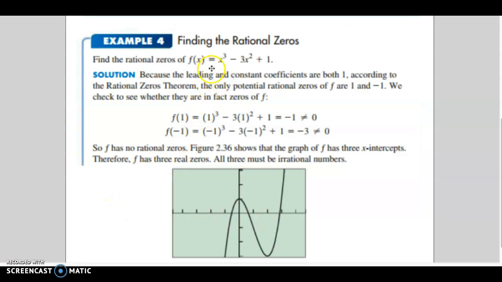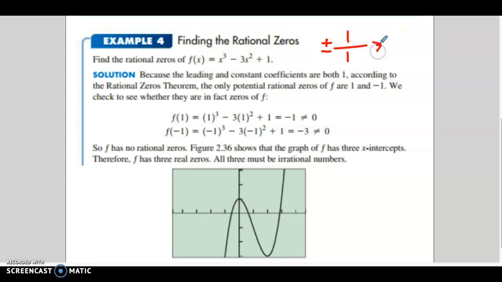So for example, if we looked at x cubed minus 3x squared plus 1 and we look at the graph of it, we know that the only possible values for rational roots would be factors of 1, because that's the constant, divided by factors of the leading coefficient, which is 1.